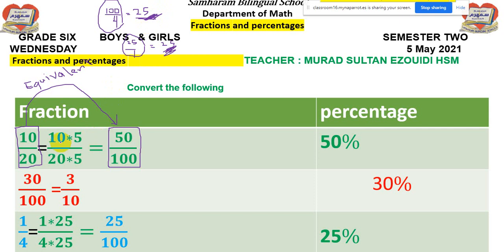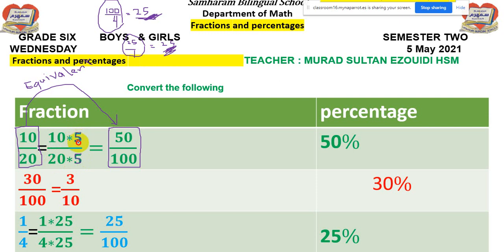So, in order to get this one, I went from 20, I want to get 100. I should multiply the denominator by what? By 5. 20 by 5 is 100. As you multiply this by 5, also this one should be multiplied, my learners, by 5.